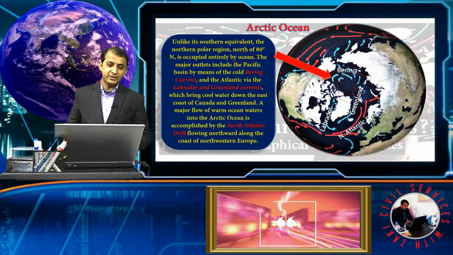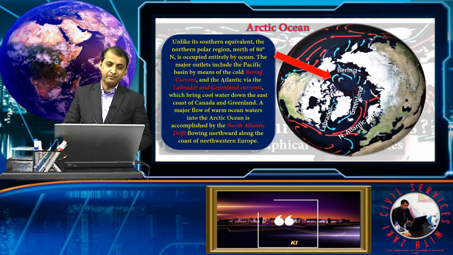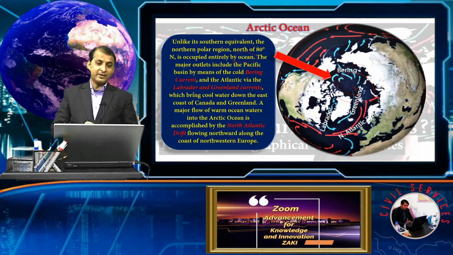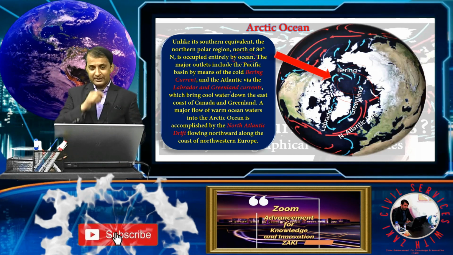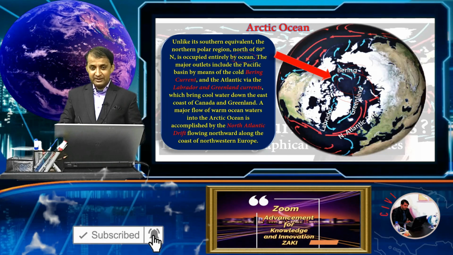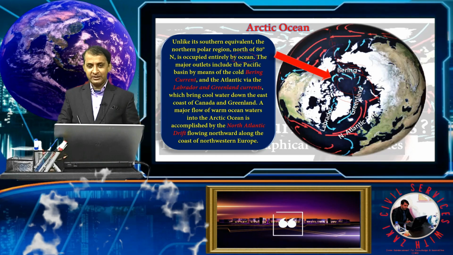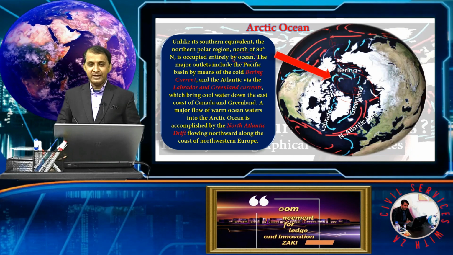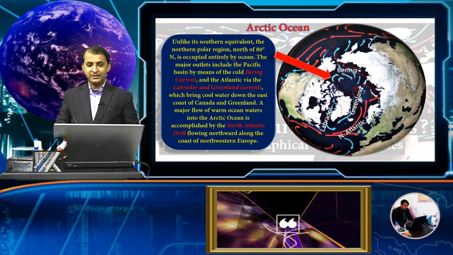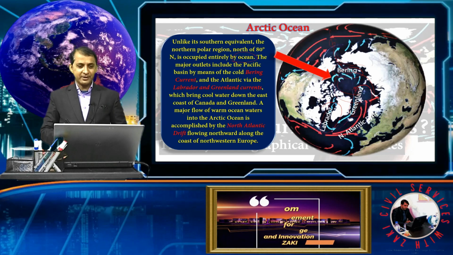The major outlets include the Pacific basin, meaning the Bering current, and the Atlantic via the Labrador and Greenland currents. The Bering current is from the Pacific basin, and the Greenland and Labrador currents are associated with the Atlantic Ocean.